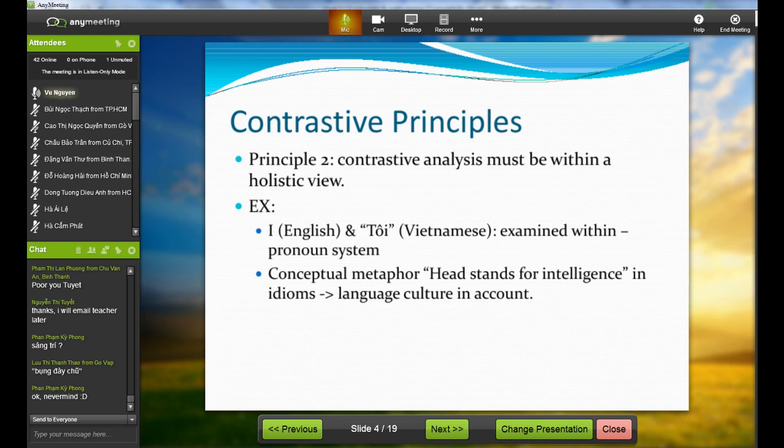So, okay, there were two examples to illustrate why we need to look at the issues of analysis from a holistic viewpoint. Otherwise, we may be formalists, simply focusing on form and missing the other interesting things for analysis.